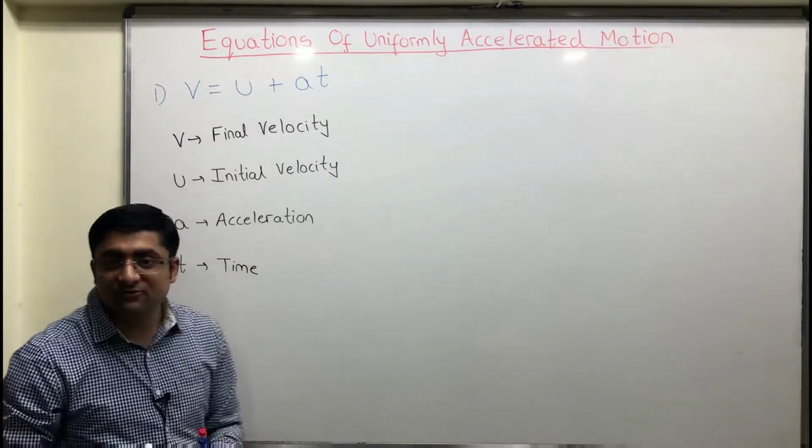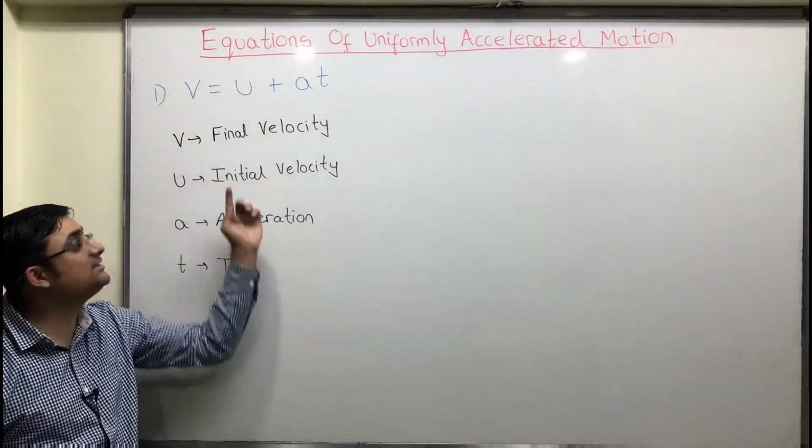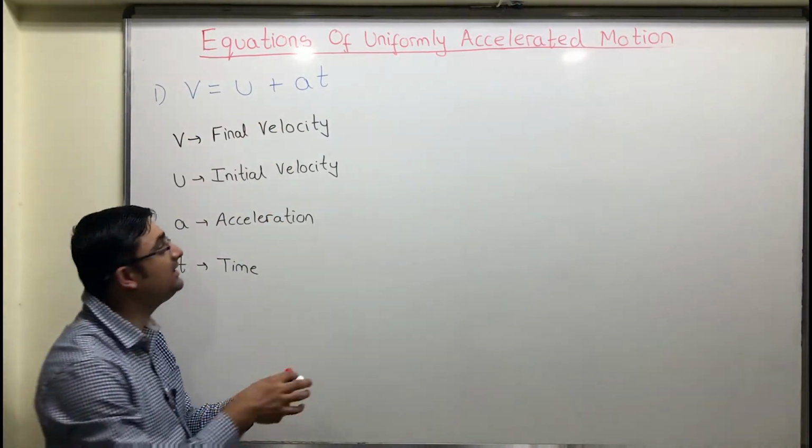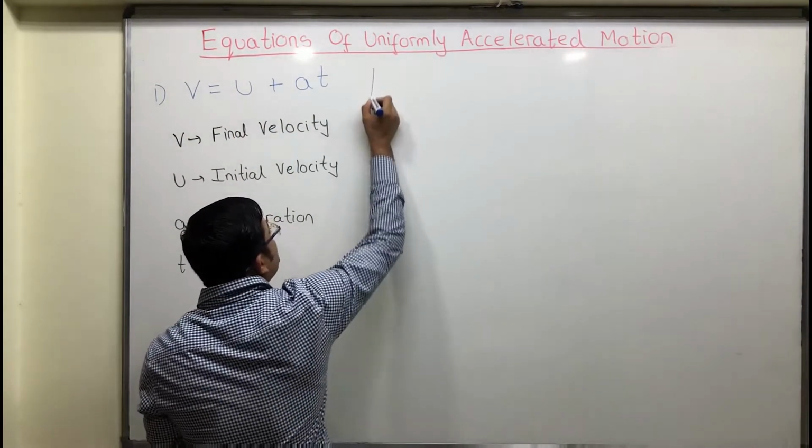So the first equation of motion is relating these four quantities: initial velocity, final velocity, acceleration and time. Is this clear? Let's move on to the second equation of motion.